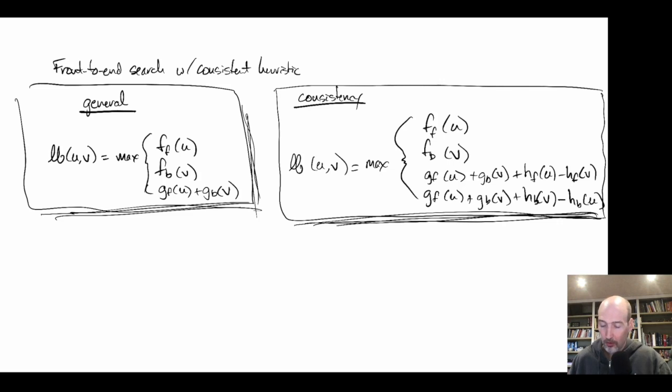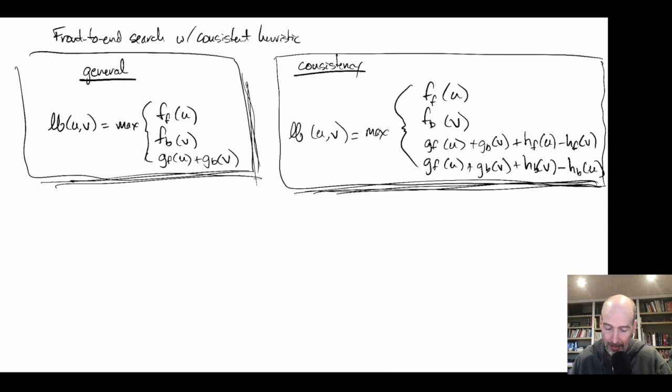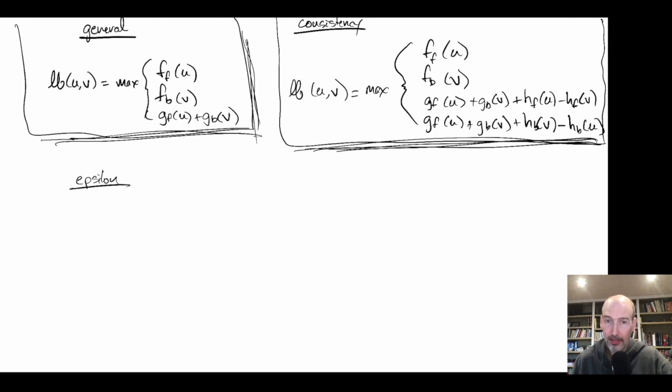Okay, so let's start looking at a number of different approaches, and we'll look at what each of these adds to the picture. The first thing we're going to look at is epsilon. Epsilon allows us to do slightly better.